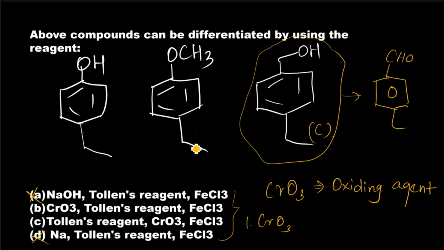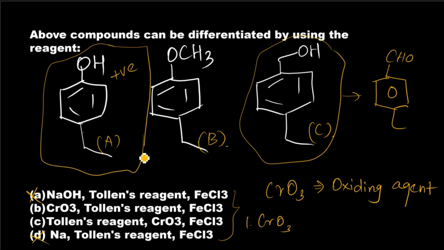Remaining I have A and B. Among A and B, the nucleophilic reagent will give positive for compound A. So in that case, A can be differentiated from B. So you can go by B, not by C. That would be more suitable for differentiating these compounds.